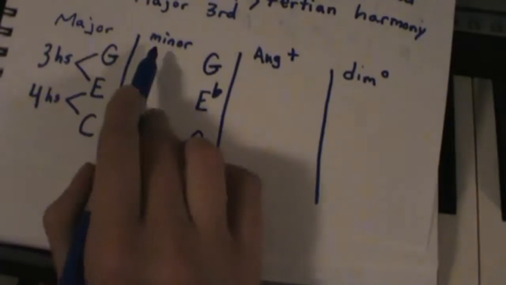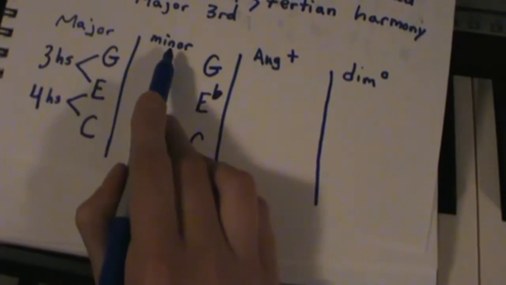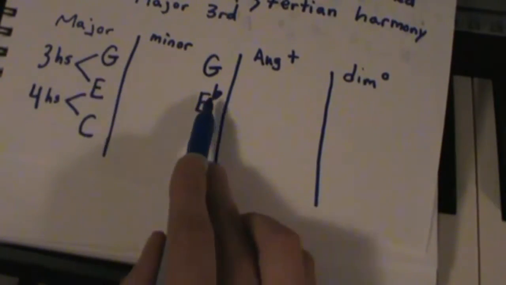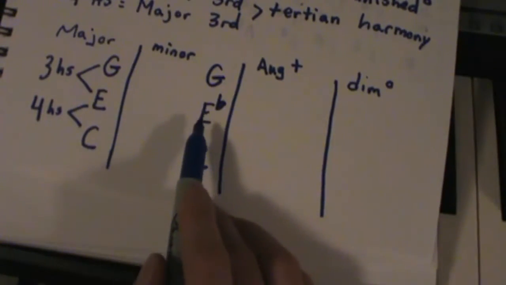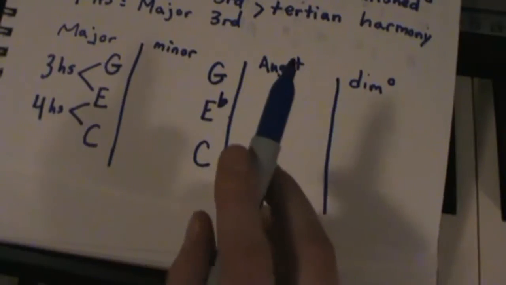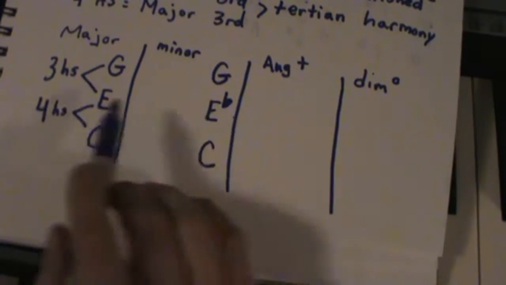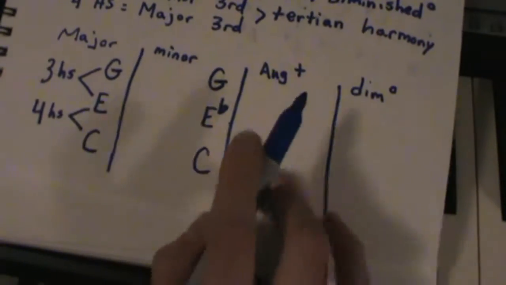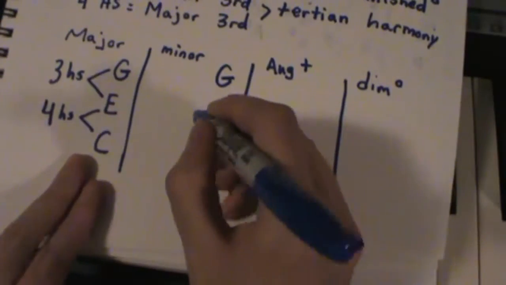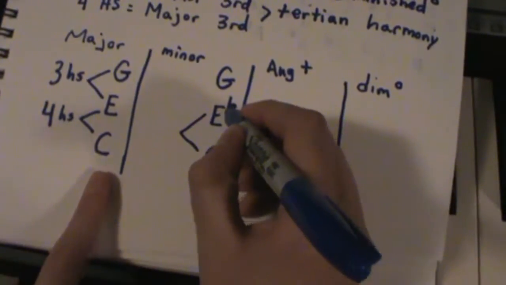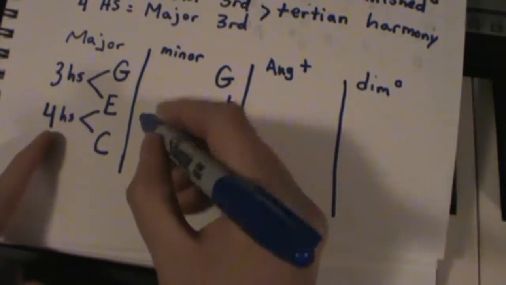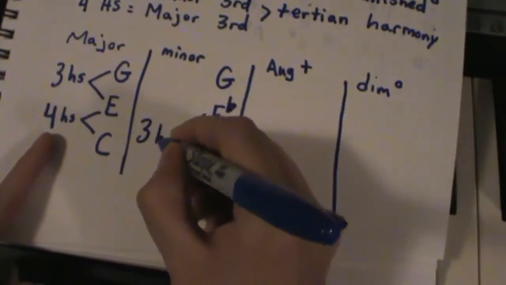So, the only difference between a minor chord and a major chord is the middle note, the third of the chord, is a half step lower than what it would be in the major version of that chord. So because this is a half step lower, this can't be 4, it has to be 3 half steps.